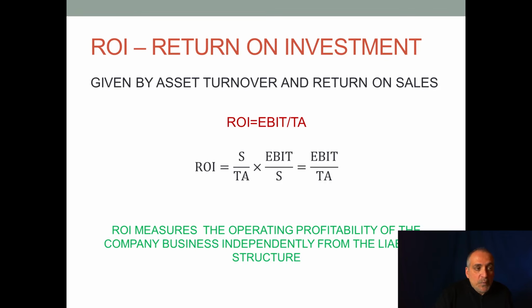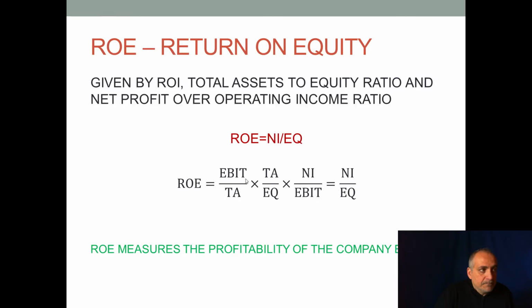This is a decomposition that we all know, okay? EBIT over sales is ROS, and then we have sales over total assets, which is the turnover ratio, something that you well know. We move into ROE, return on equity.